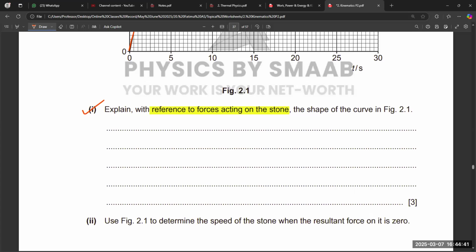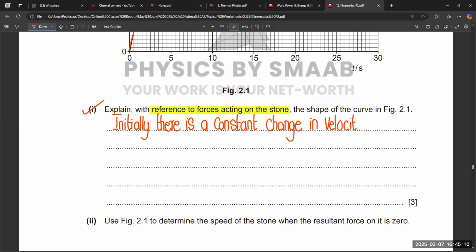First of all, we mention initially there is a constant change in velocity with time. Constant acceleration.